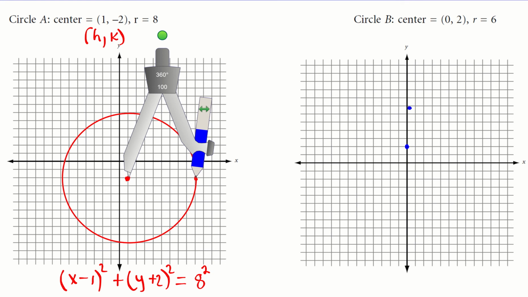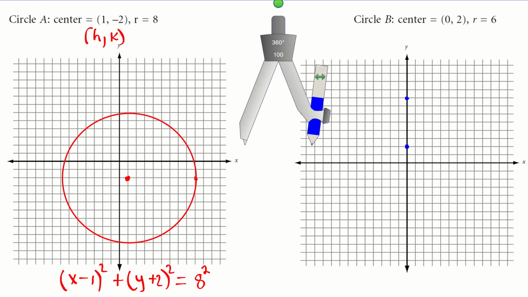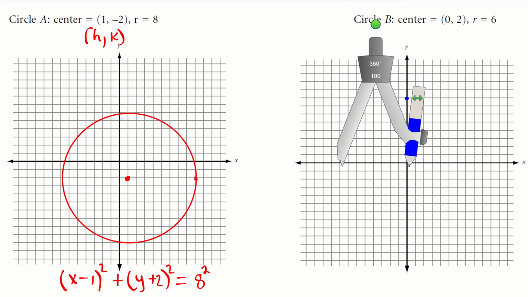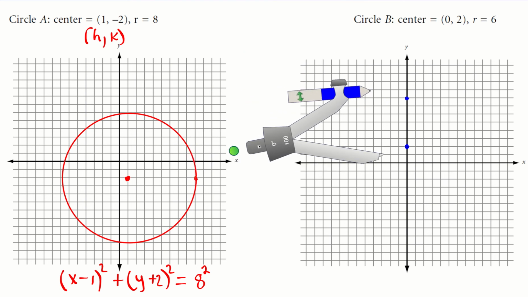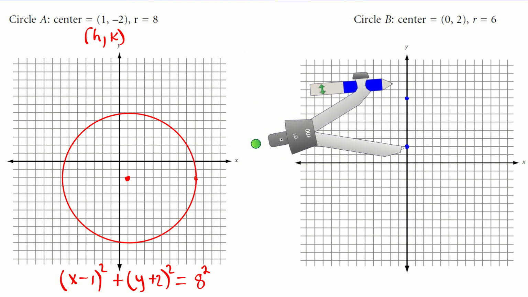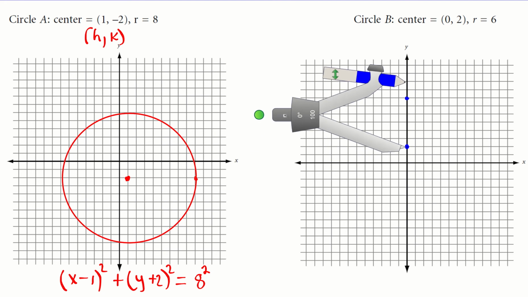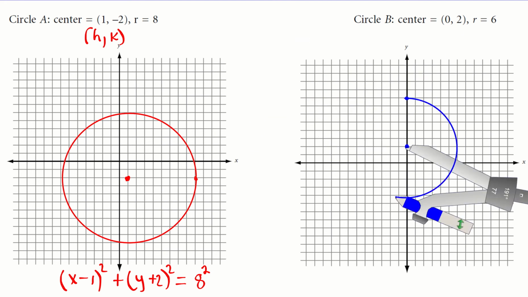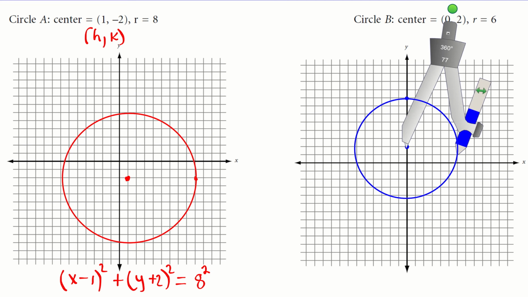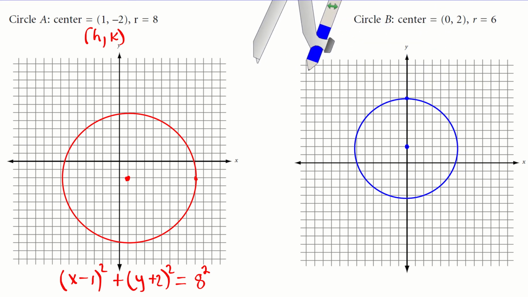Now we bring our compass over, put the compass point at the center (0, 2), put our pencil point at the end of that radius, and then draw a circle. So there's our circle whose center is at (0, 2), and it has a radius of 6 units.